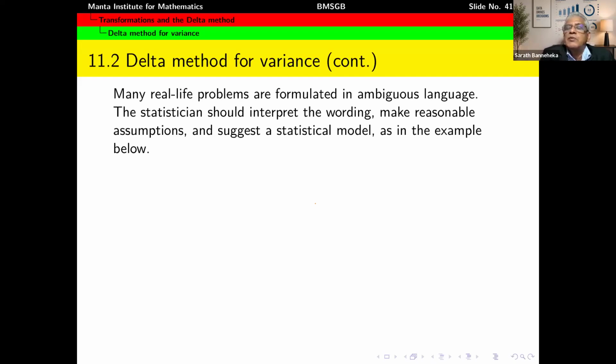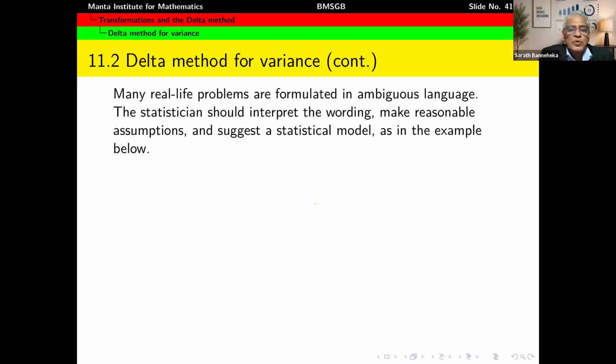Usually when clients come to us from different fields, they use different types of technical words, and sometimes the question of interest is not very clear. We have to first understand the question. The way that they express the question and the way that we understand it have to be the same if we want to deliver a correct solution.